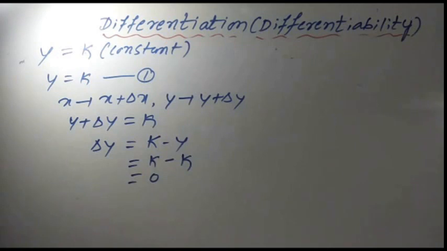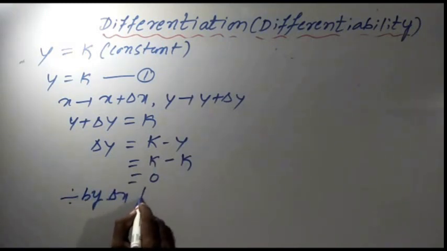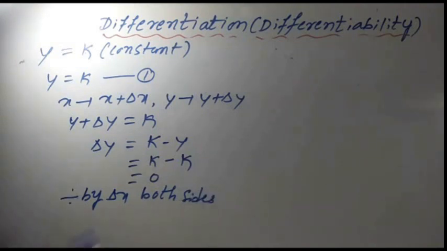Okay, now we calculate delta y by delta x. Therefore, dividing the equation by delta x both sides, then delta y by delta x is equal to 0 by delta x is equal to 0.